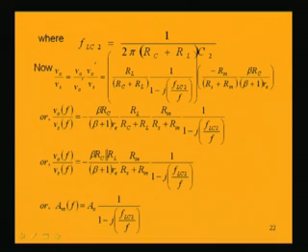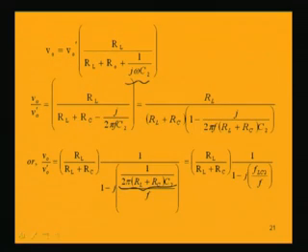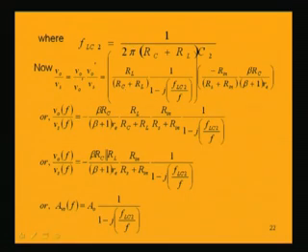Now, we will be finding out the overall voltage gain V naught by Vs using the chain rule. It is V naught by V naught dash into V naught dash by Vs. Now, V naught by V naught dash we have just found out, so we will replace it by this quantity here, RL by Rc plus RL into 1 by 1 minus j fLC2 by f, and the rest of the quantity, that is V naught dash by Vs, we know is equal to minus R in by Rs plus R in into beta Rc divided by beta plus 1 into Re.